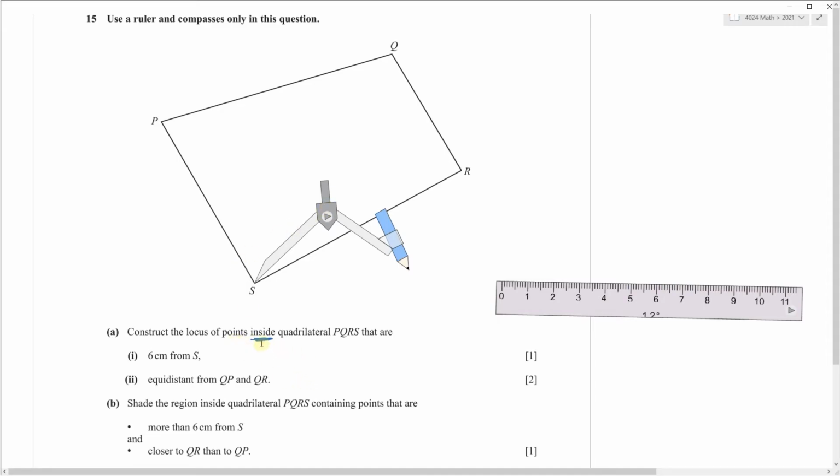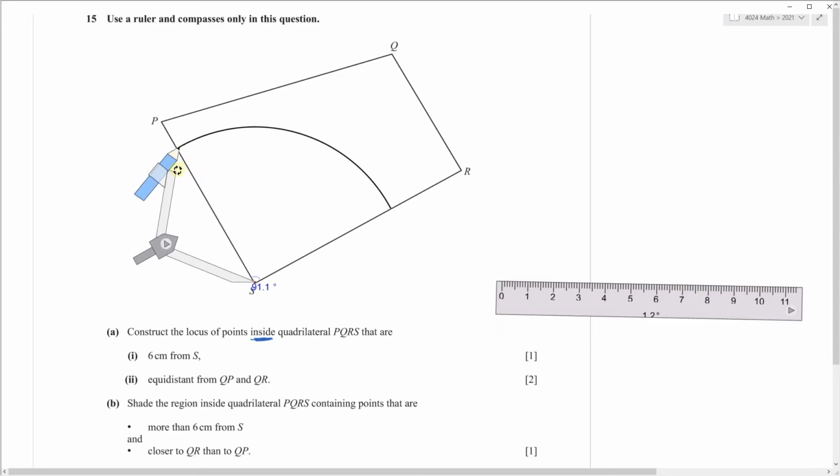Since we only need the locus inside the quadrilateral, I'll only draw the arc inside the quadrilateral PQRS, like this. This line represents the locus of points that are 6 centimeters from this point S. Part 2 is the locus of points that are equidistant from line QP and line QR.